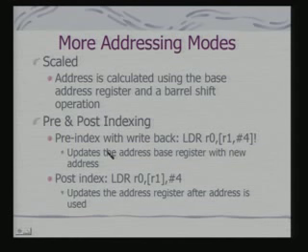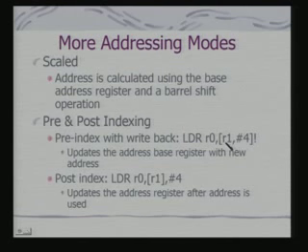Then we have pre and post indexing. This is also a very interesting scheme of addressing memory locations. The two distinct modes are pre-index with write back and post-index. The normal mode that we have seen so far is typical pre-index addressing mode.